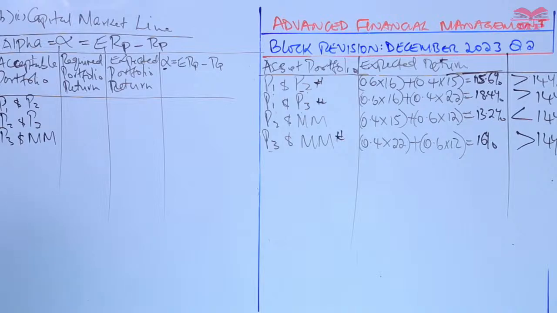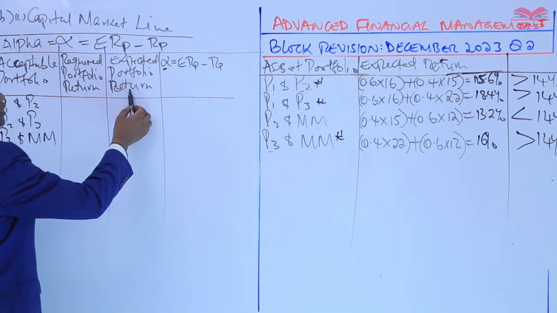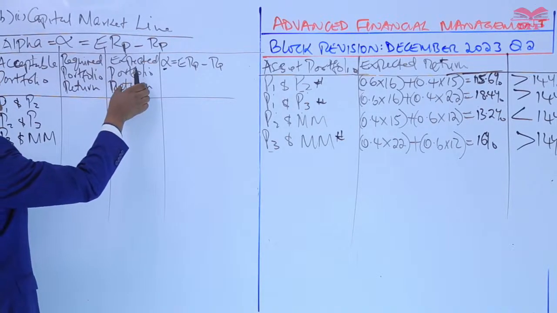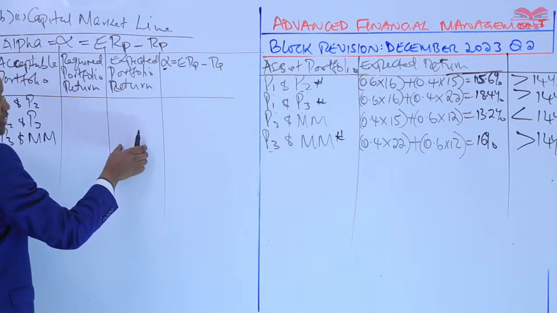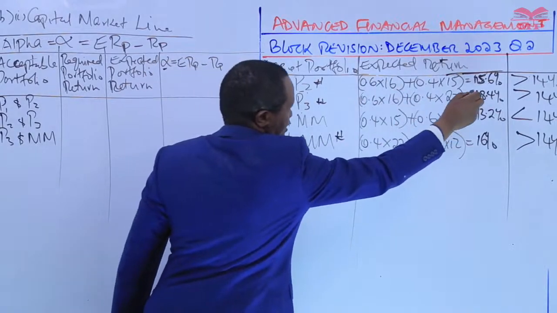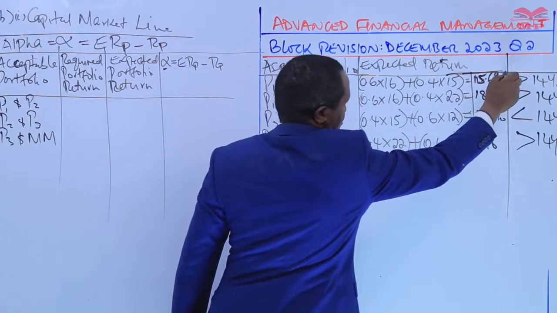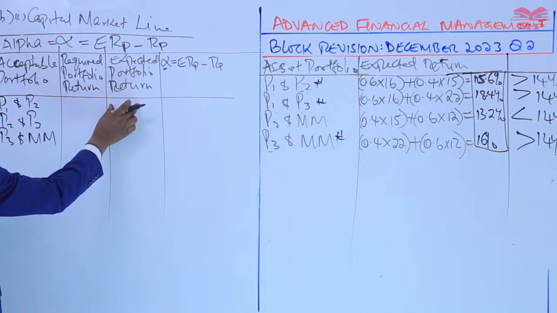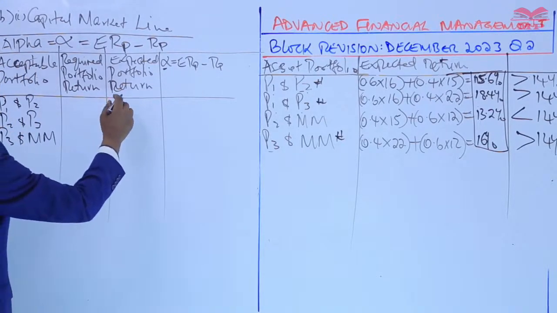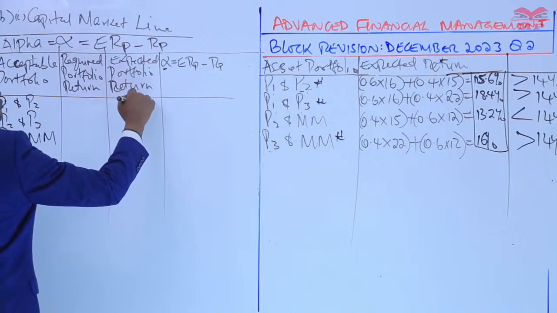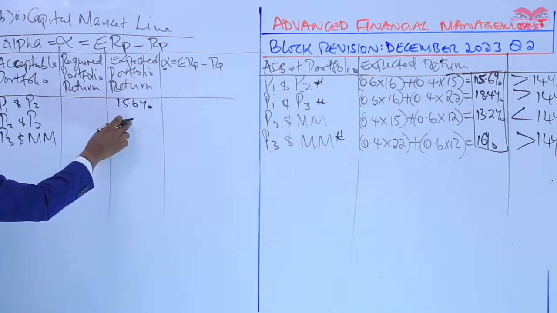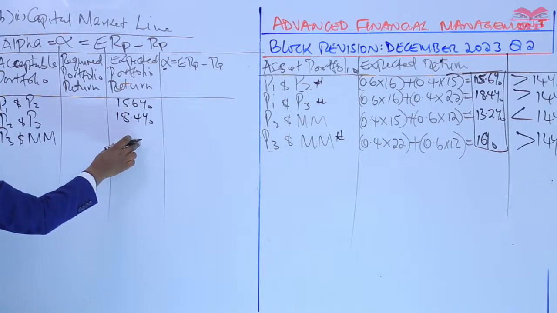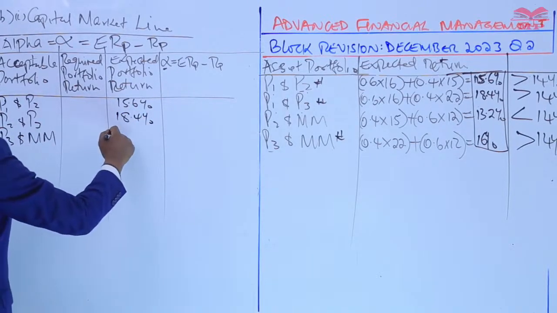And we have seen that alpha is equal to the expected portfolio return minus the required rate of return. We already calculated the expected portfolio return. This is the expected portfolio return for these portfolios. So we have done this part: expected portfolio return for P1 and P2, 15.6; P2 and P3, 18.4; then P3 and money market, 16%.